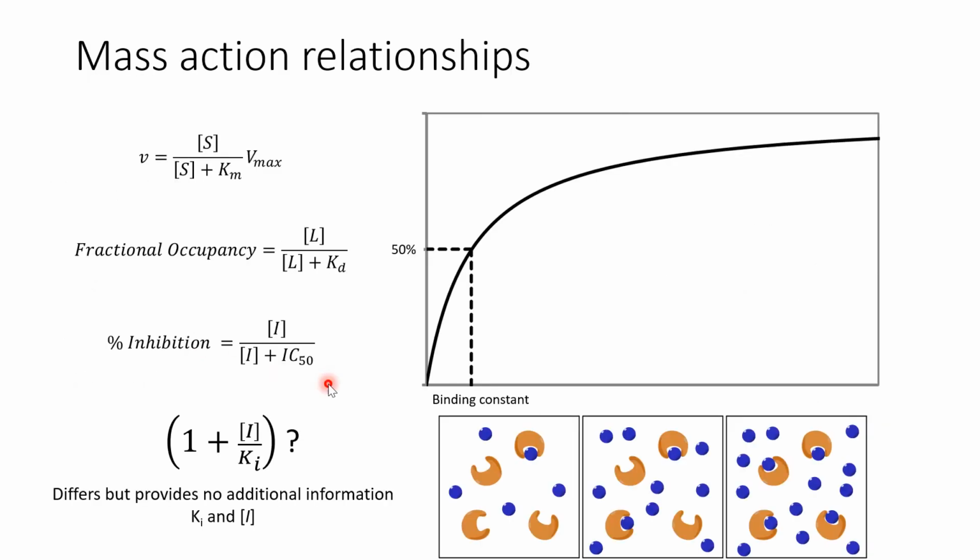So that equation from the previous page here, where your percent inhibition of your enzymatic activity is related to the concentration at which you get 50% inhibition. And this is a very minimalistic way of looking at how these molecules interact with the enzyme.